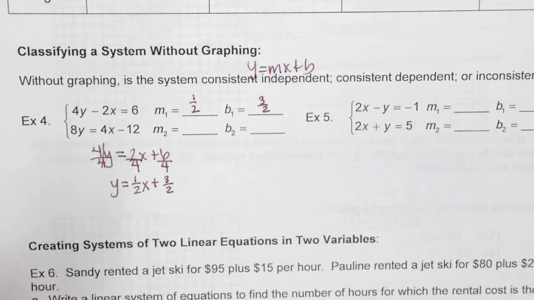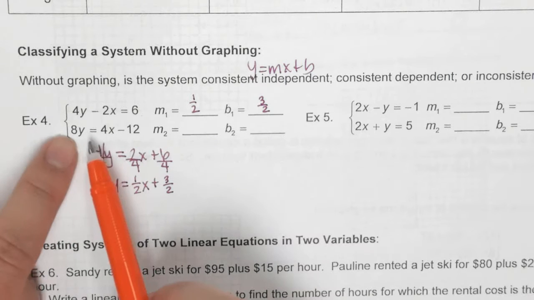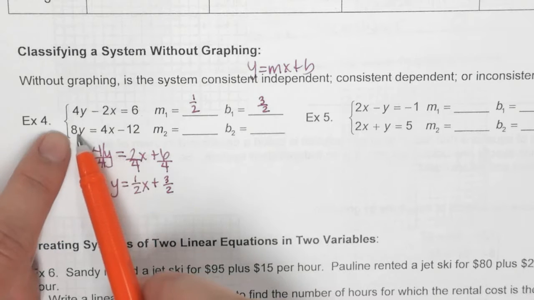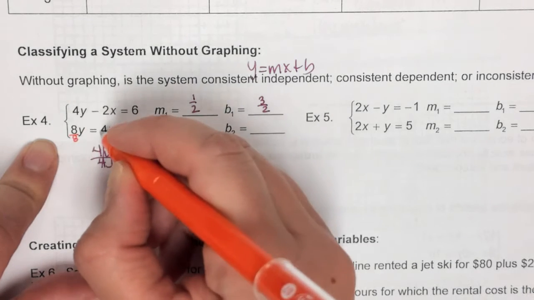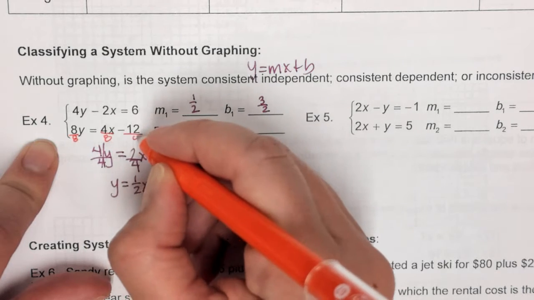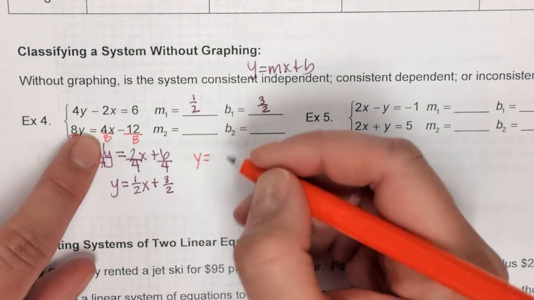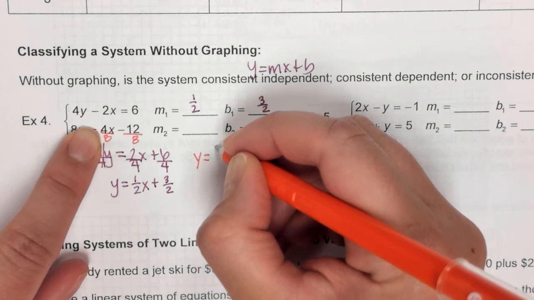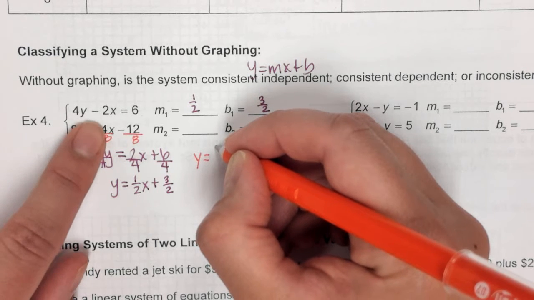Okay. Let's try the same thing with the second line. This one already has x on the right side, which is good. The only thing left to do is to divide by 8, right? So if I divide this by 8, what do I have here? Y equals 4 over 8 reduces to what? 4/8.